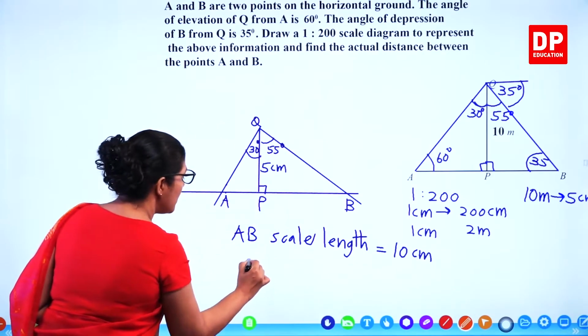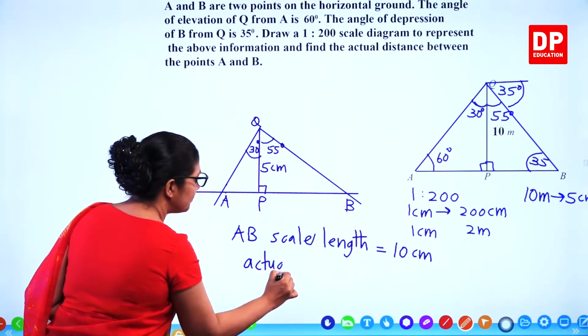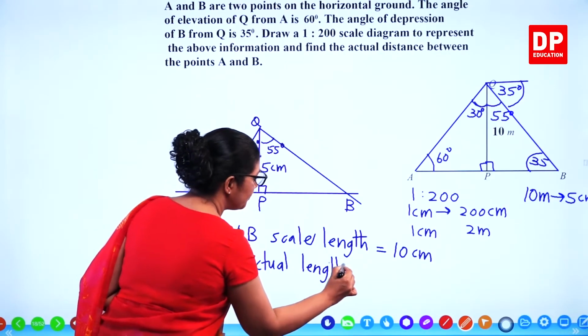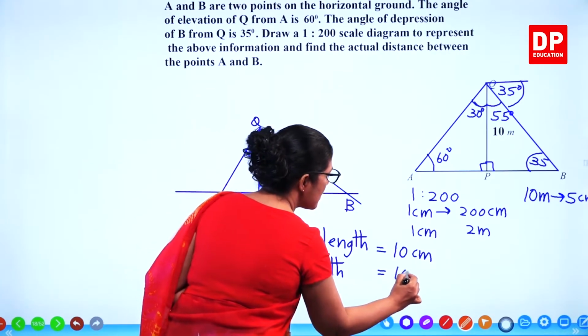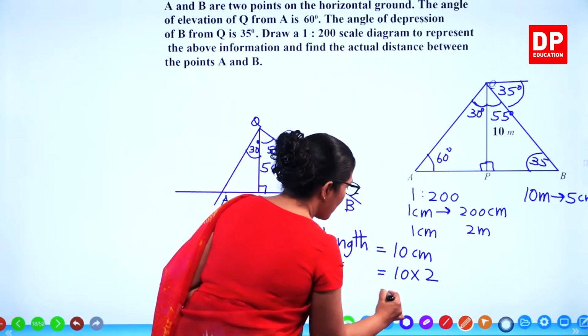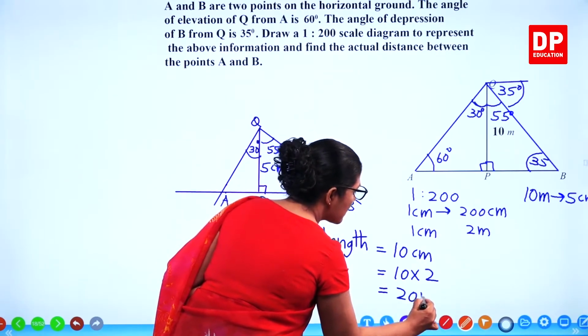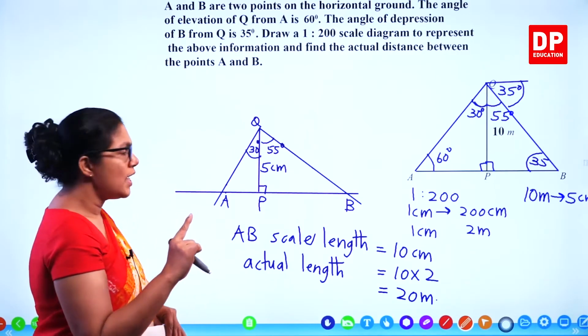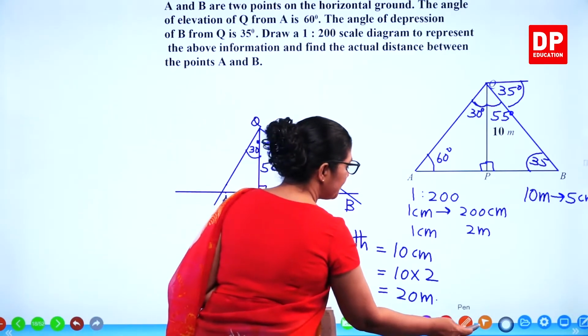So actual length, you have to multiply by 2. 10 times 2, you get 20 meters is the actual distance between A and B.